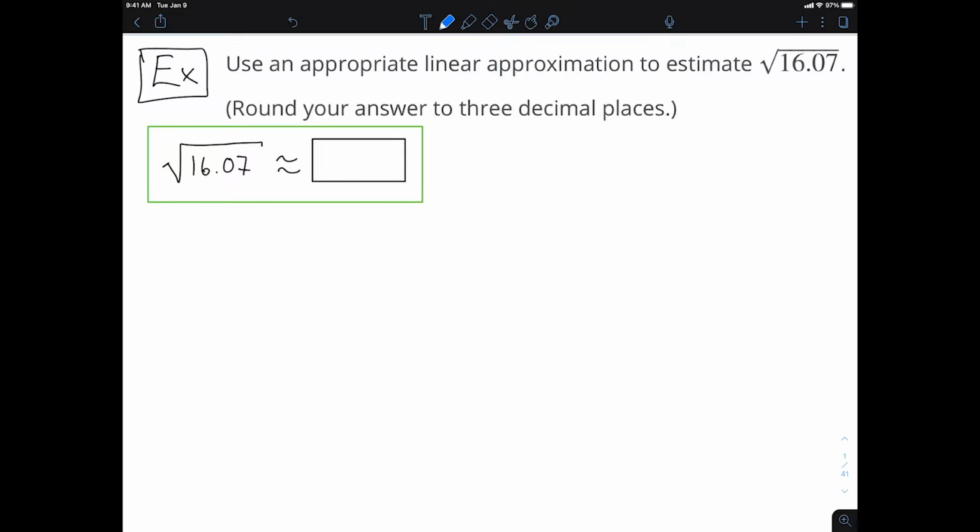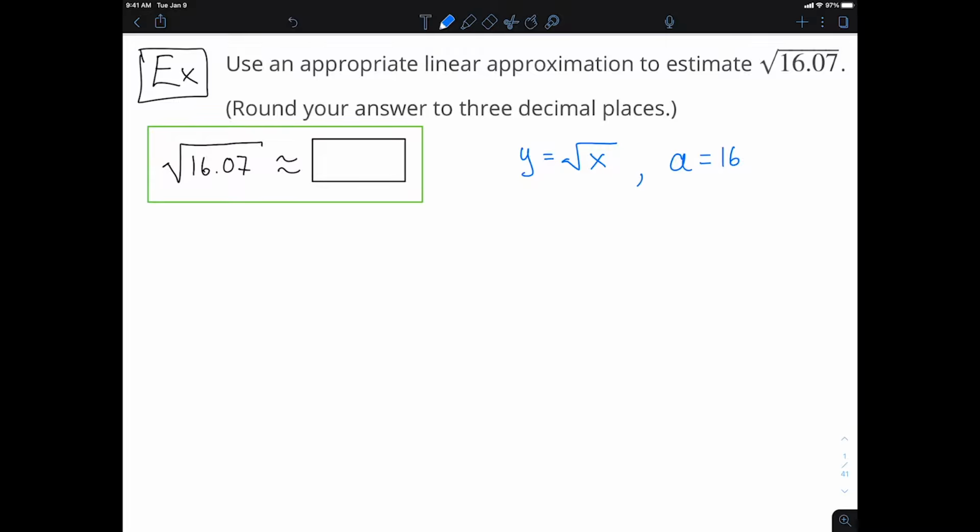A function that we could use is y equals the square root of x. Now we want to pick a base point so that we can be nearby when we evaluate at 16.07. I'm going to pick the base point to be 16 because 16 is something I can take the square root of in my head, and 16.07 is near 16, so it's a good base point.